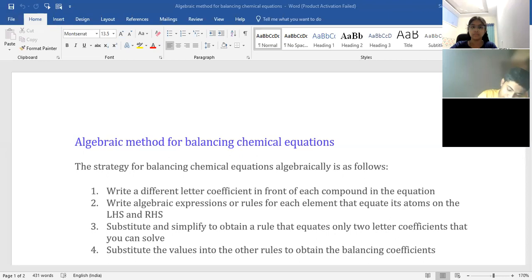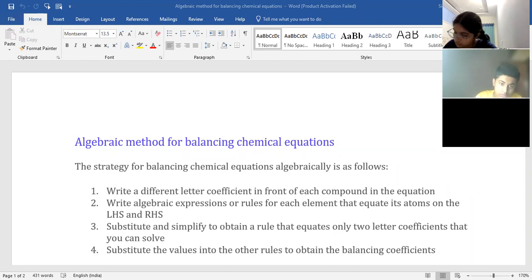And the third one: we select the simpler algebraic expression and start the comparison process to obtain the values.